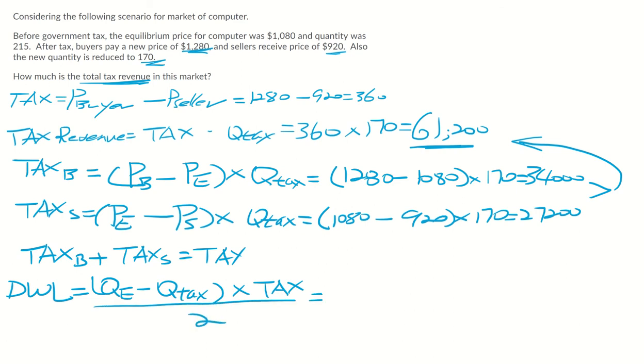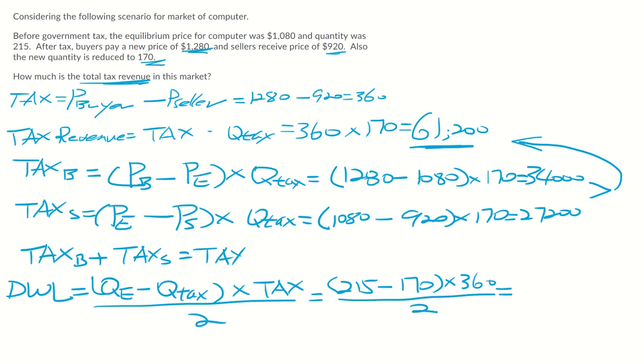So the old quantity was 215, the new quantity is 170, times the tax per unit, which is 360, divided by 2.